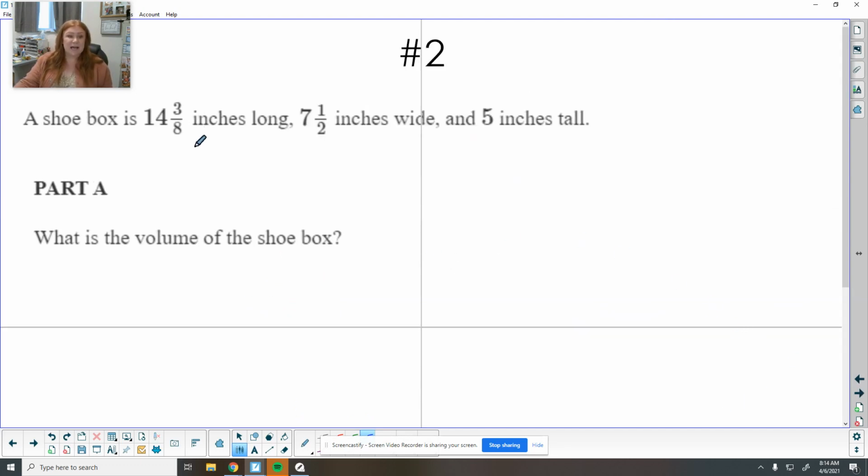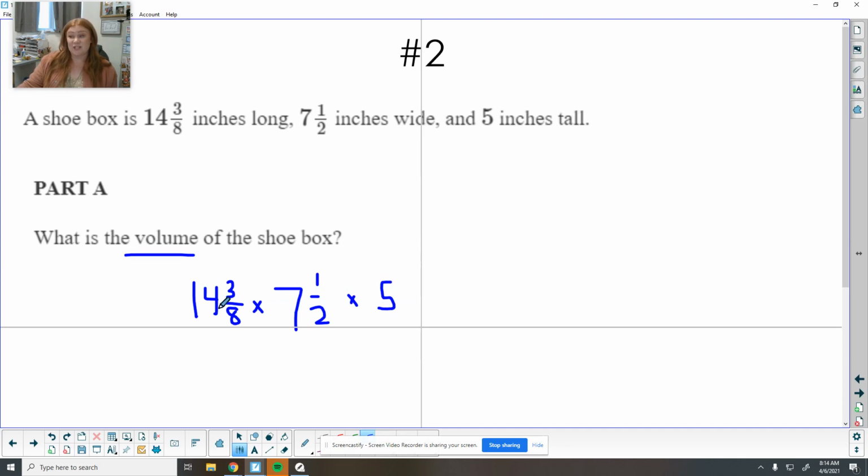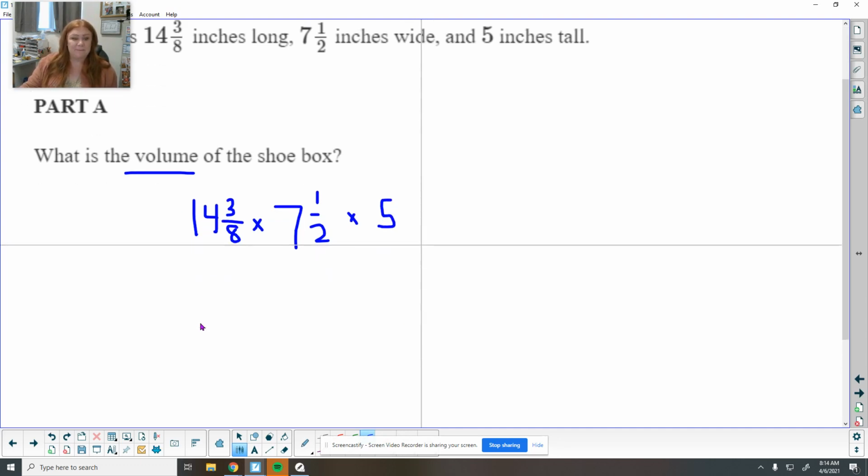Number 2 tells us that a shoebox has these dimensions, and it wants to know the volume. So length here is 14 3/8. And we're going to multiply 7.5 by 5. So since we're working with fractions, we need to make them improper.